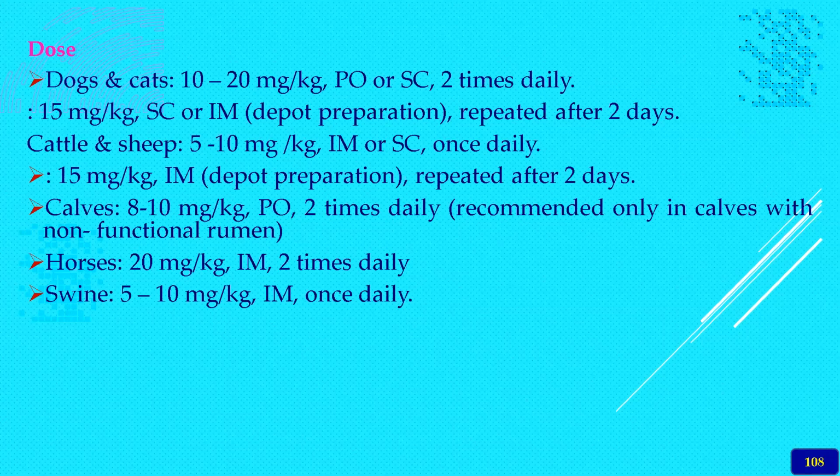Such preparations are very important in veterinary practice, because you cannot make the animal come to the hospital every day, and the everyday injection is very difficult. So once in 2 days the owner may afford it, and many times it is practical also. So such preparations are required for us. For horses, 20 milligram per kg IM twice daily. For swine, half of this dose once daily.